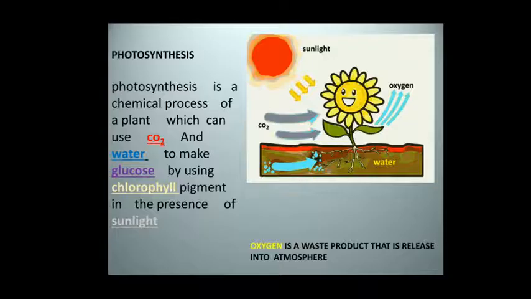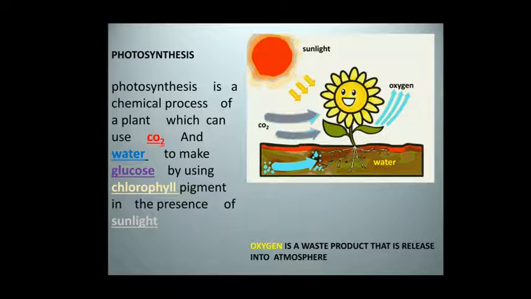Before learning about photosynthesis, we need to learn its definition. Photosynthesis is a chemical process of a plant which can use CO2 and water to make glucose by using chlorophyll pigment in the presence of sunlight.